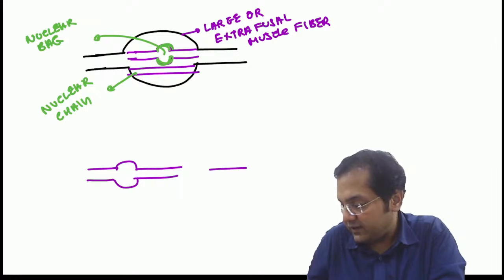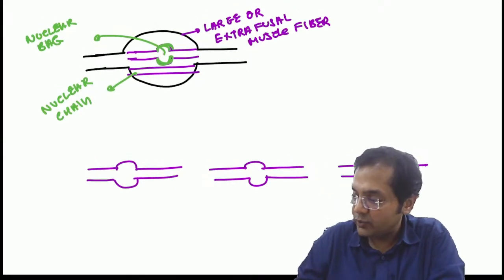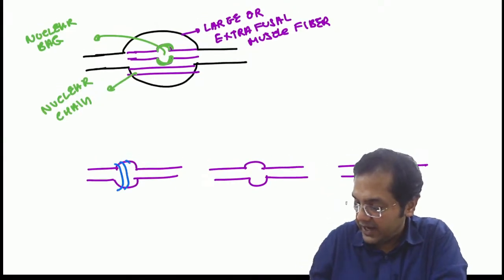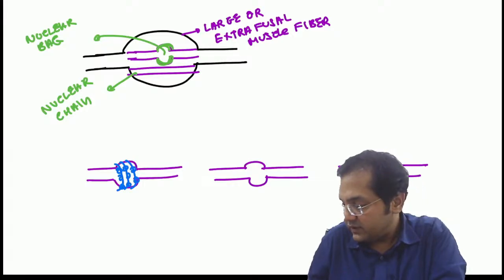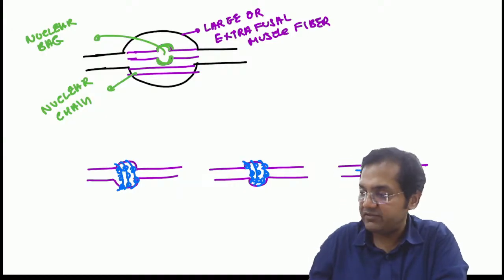This is bag, this is another one which is bag, and this is like a chain, right? Now you just have to remember that in the bag the nuclei are arranged in the central portion. In the chain, the nuclei are arranged in chain-like fashion.